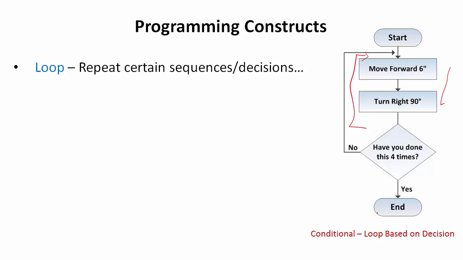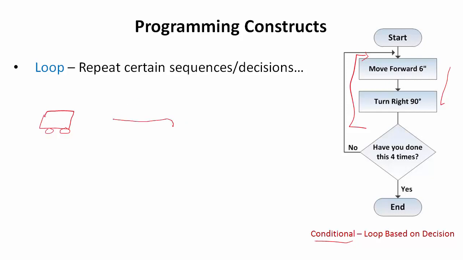So what does this do? This is a conditional loop, meaning that it'll only loop based on a condition. So what is this going to do? If our robot's over here, and you think about our sequence, it's really the same thing. It's talking about moving forward 6 inches, turn right. Now I'm sitting here, and I've only done that 1 time. Let me erase that really quick. So I turn right, and now I'm going to repeat it again because I haven't done it 4 times.